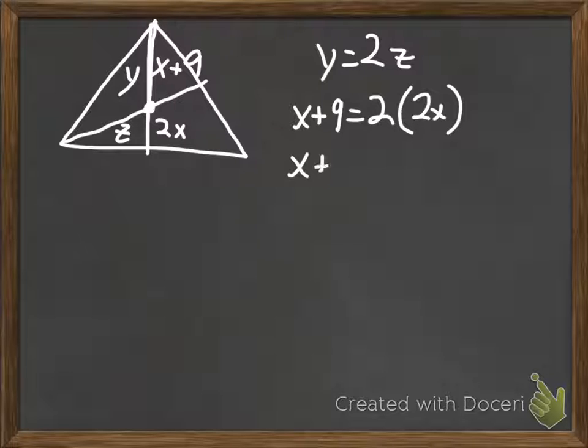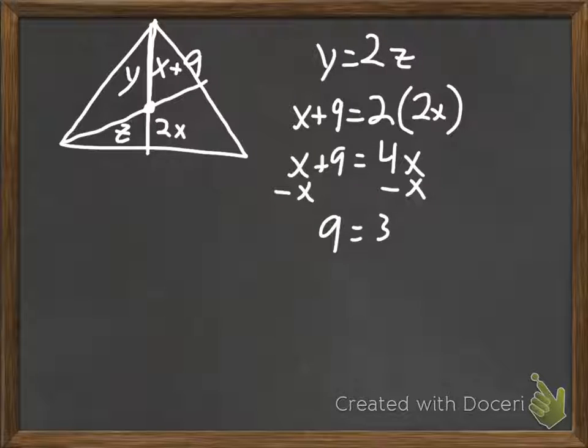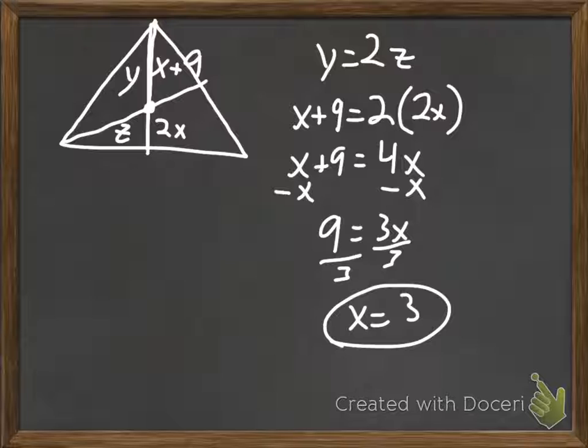So we get x plus 9 equals 4x. Now it's simple. Solve for x. 2 steps. 9 equals 3x. Divide by 3. So x equals 3. So again, you can use that chart over there whenever you're doing your practice problems. It'll be very helpful.